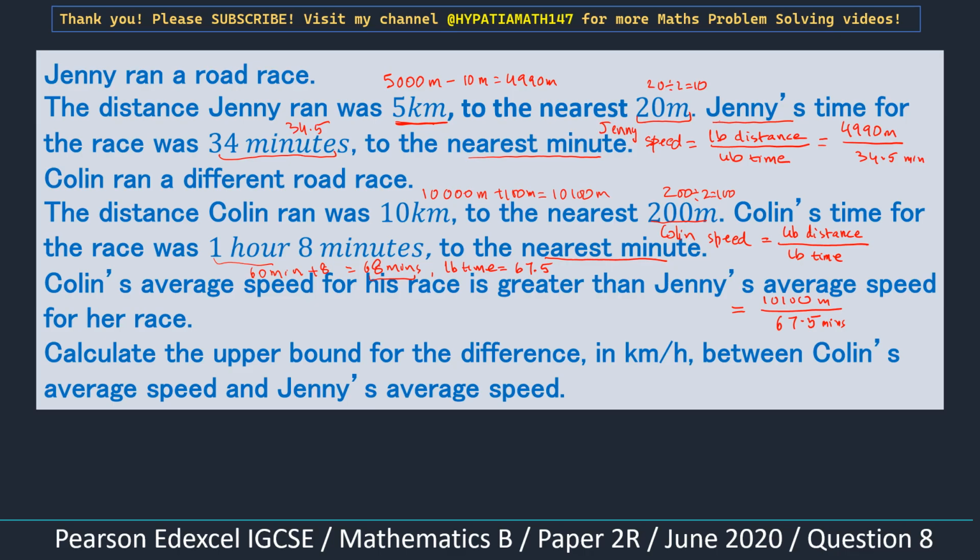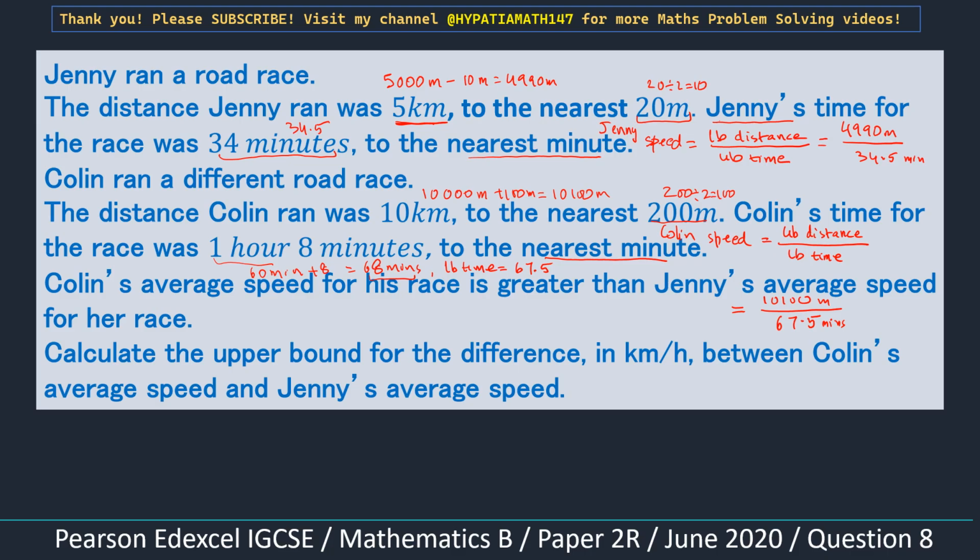Now we have to convert the meters into kilometers and the minutes to hours. So the denominator has to be divided by 60, so the numerator gets multiplied by 60, and the numerator has to be divided by 1000. So what we can do is the subtraction first and then the multiplication.